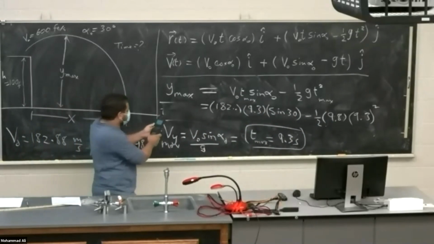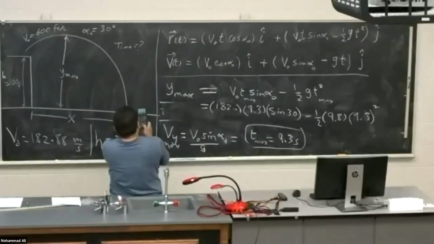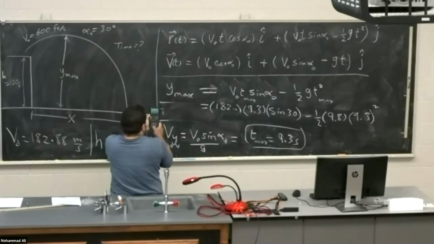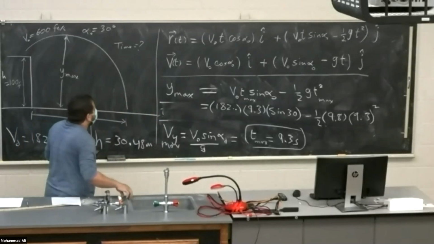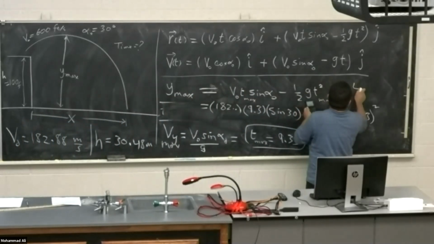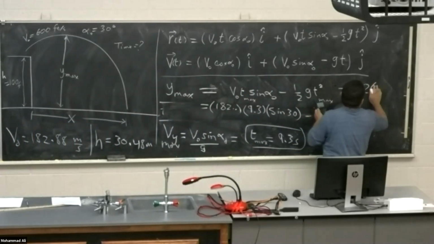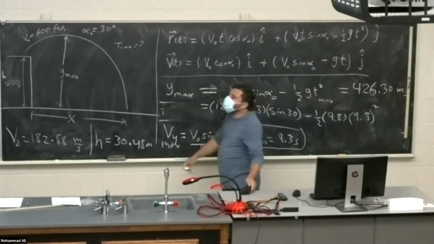The maximum altitude that we put here: 182.88 multiplied by 9.3 multiplied by a half, minus a half G, 9.3 squared. Wow. It is 426 meters.